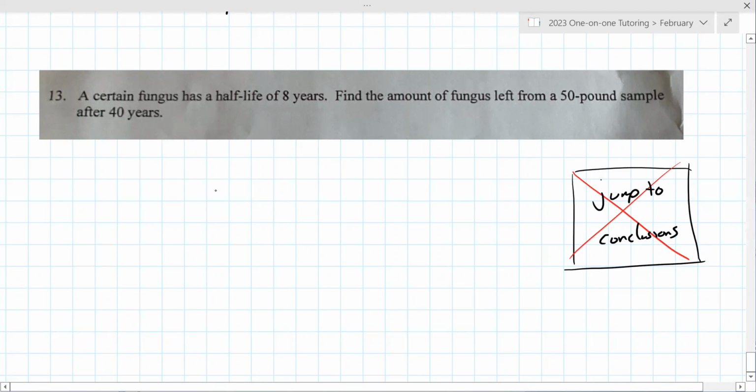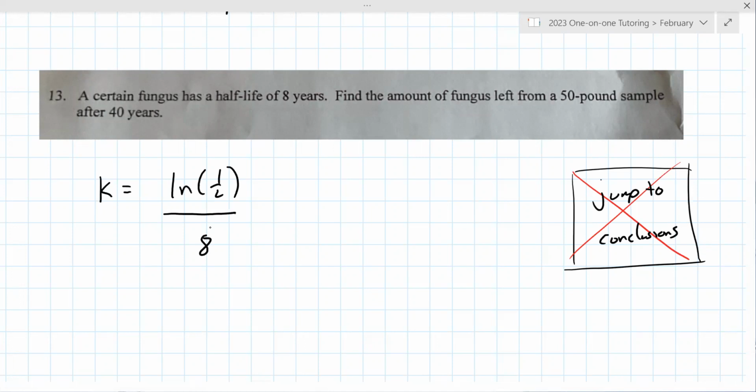It's unbelievable. Okay, let's work through this real quick here. So the value of K is the natural log of 1/2 divided by 8, or T. So you have to get that number.